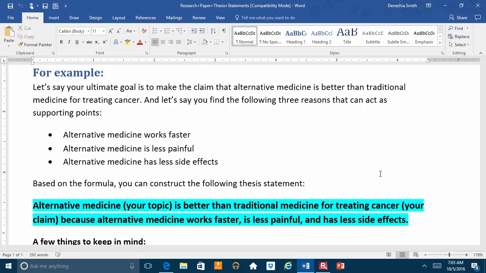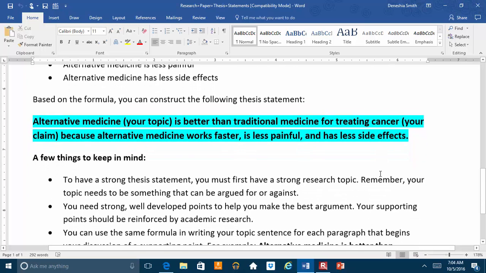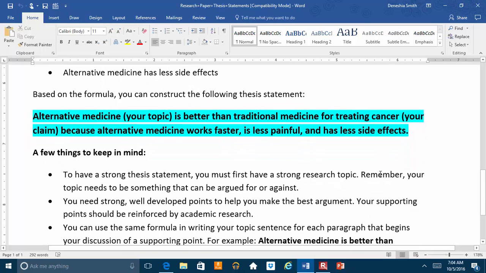Let's say these are your strongest, best developed reasons that you find as a result of your research. Based on the thesis statement formula, you can construct the following thesis statement: Alternative medicine, that's your X, your topic, is better than traditional medicine for treating cancer, that's your Y, the argument you're making, because point 1, alternative medicine works faster, point 2, is less painful, and point 3, has less side effects.